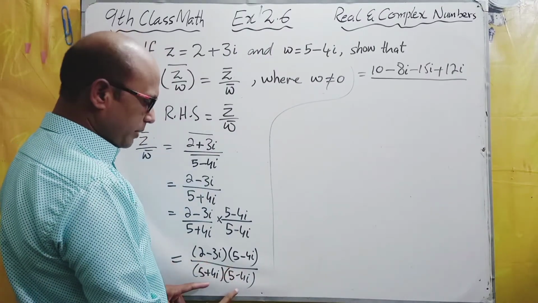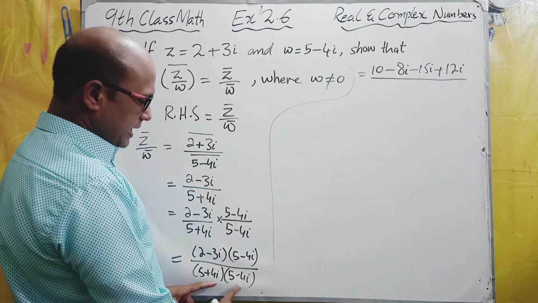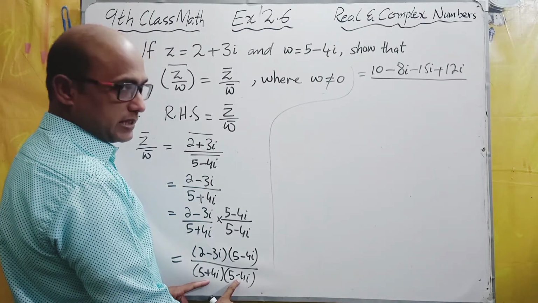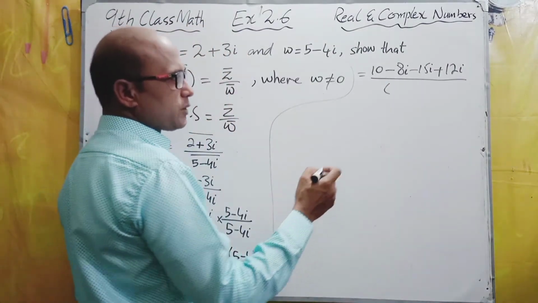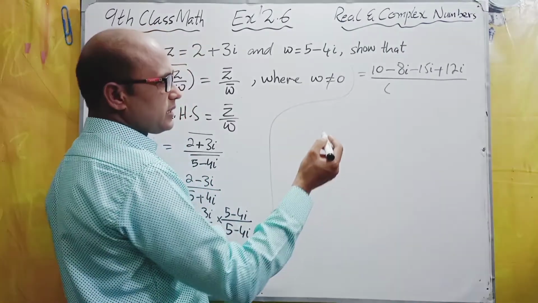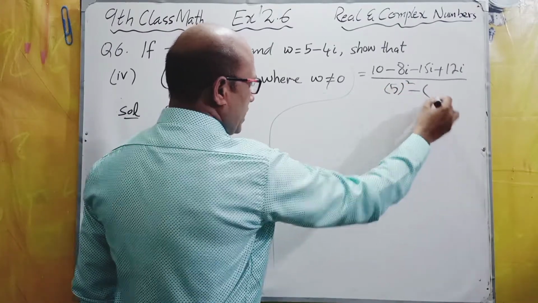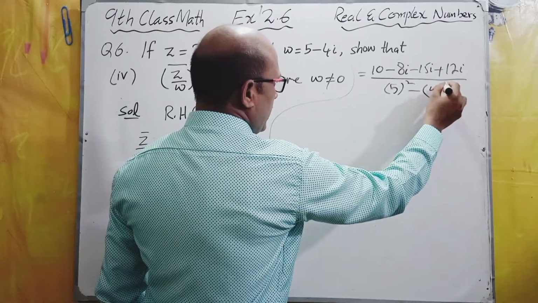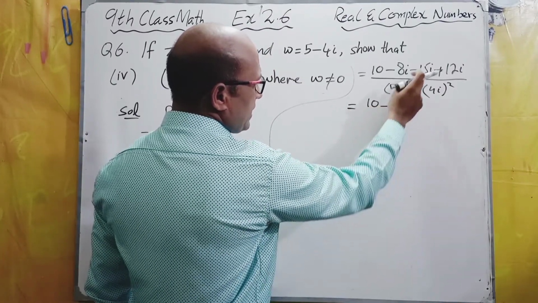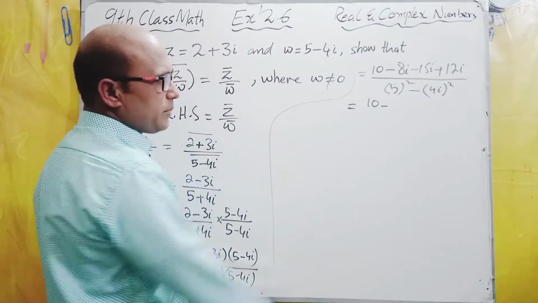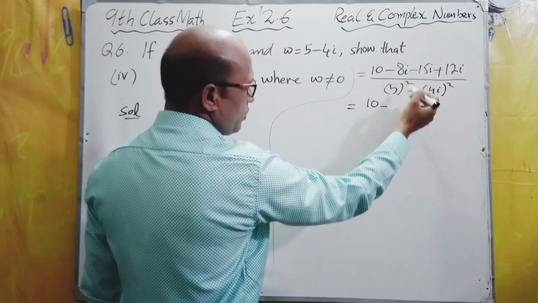Now multiplying the denominators. Look at the denominators again, students. Both are the same terms but having different signs. So we'll apply the formula (a plus b) into (a minus b) is equal to a square minus b square. So the square of the first term is 5 square, the square of the second term is (4 iota) square. 10 as it is, and these two will be added because both of them have minus sign. Minus minus is plus, so we'll add them.